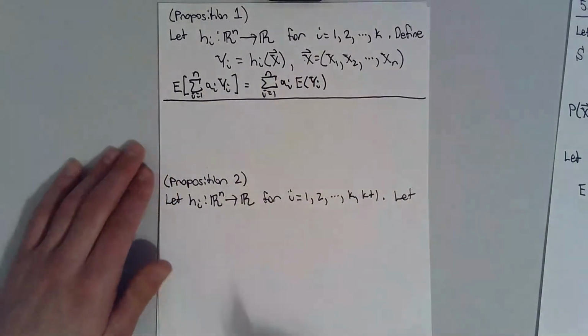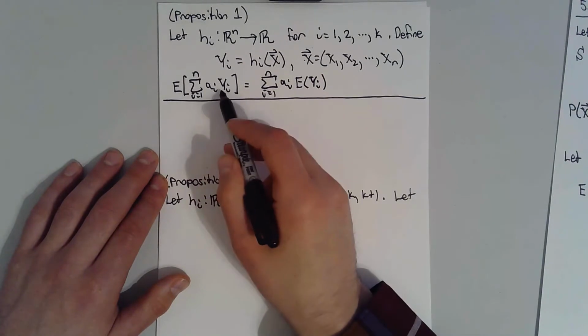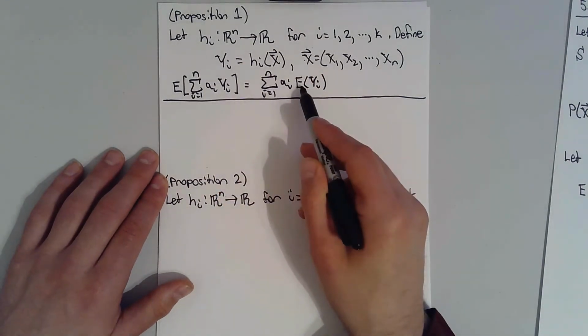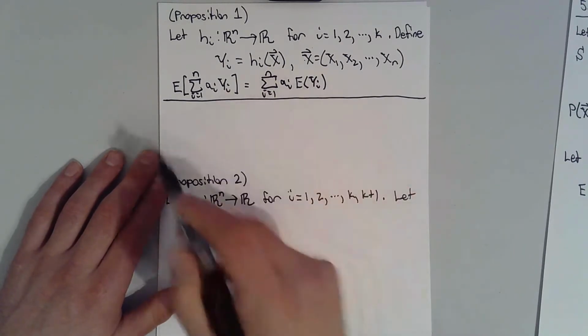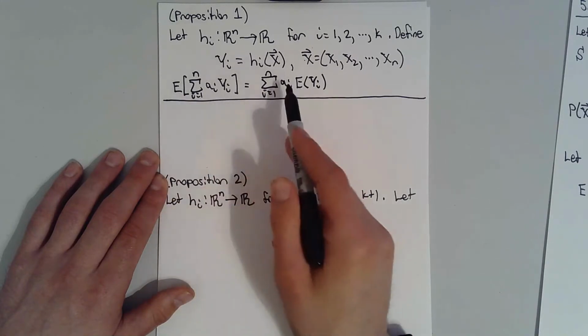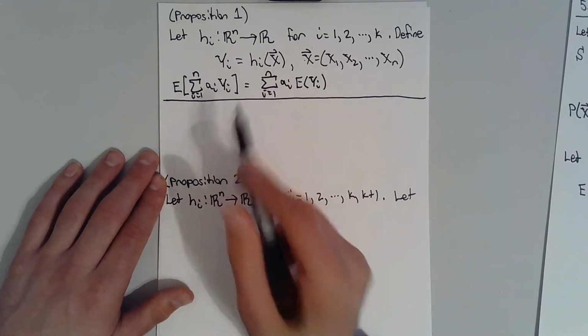So the expectation of a linear combination of the yi's is the linear combination of the expectations of the yi's. In other words, the expectation operator can be applied or distributes over linear combinations.